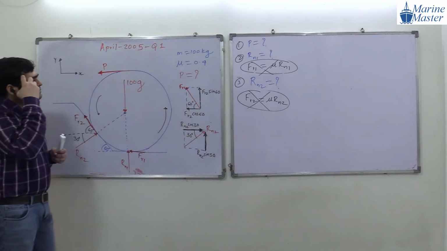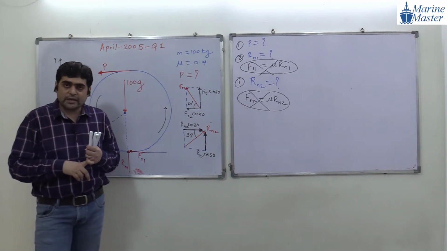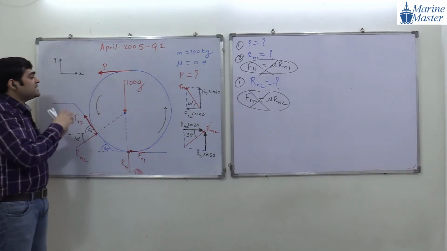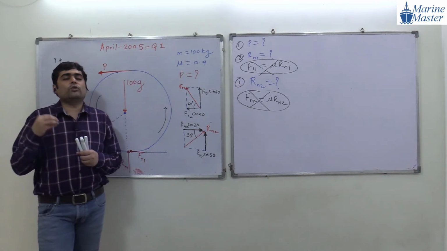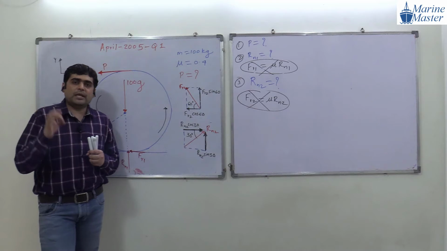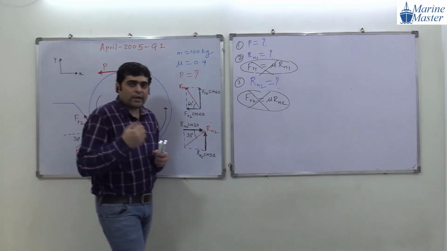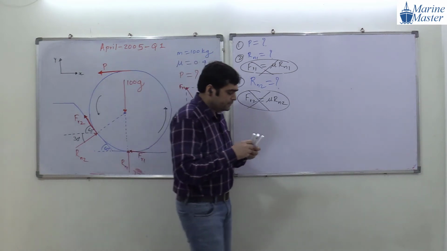This is a coplanar, non-concurrent system, and this system is in equilibrium. If any coplanar non-concurrent system is in equilibrium, what will it do? It will satisfy the equilibrium equations. What are those equilibrium equations?